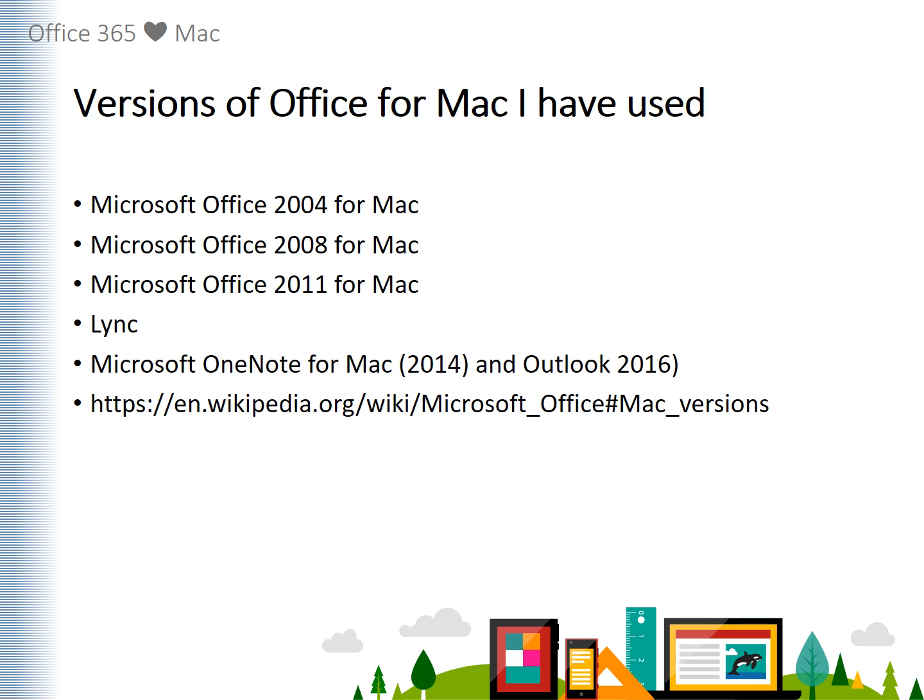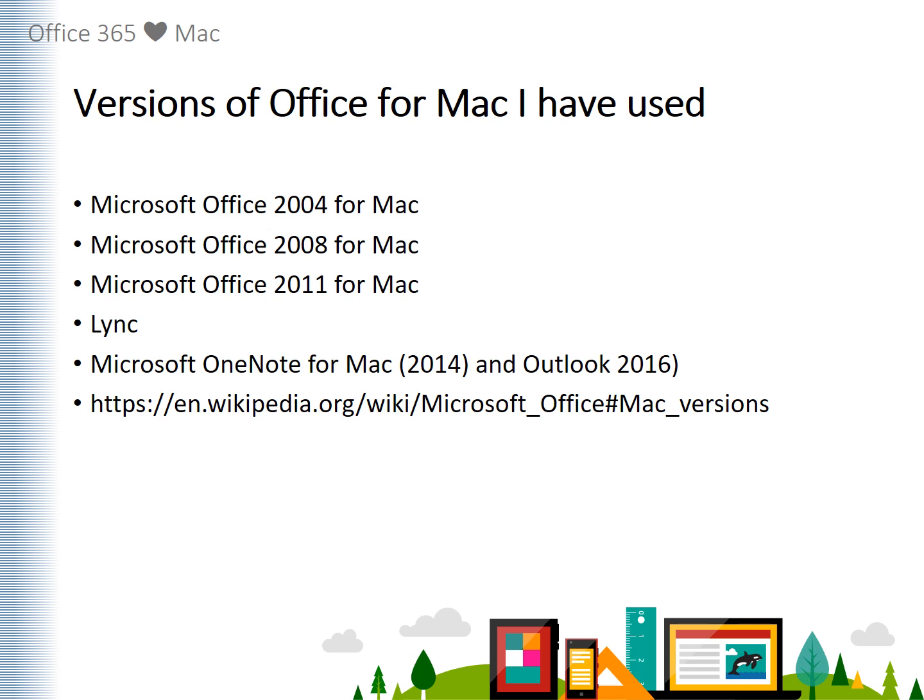After that, Office was typically released for the PC, and then the next year released for the Mac. So I upgraded my Office 2004 installs to 2008 once it was released. Similar in 2011, there was a Microsoft Office 2011 version for Mac.